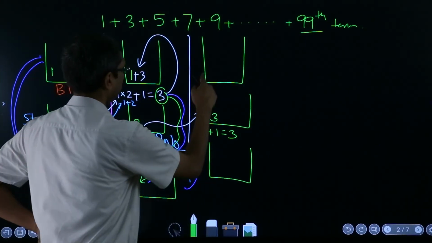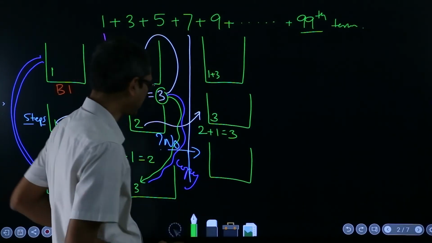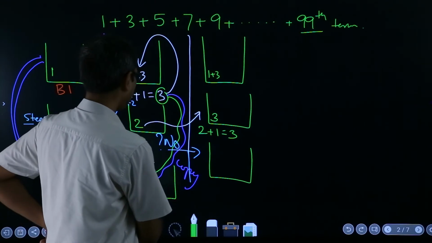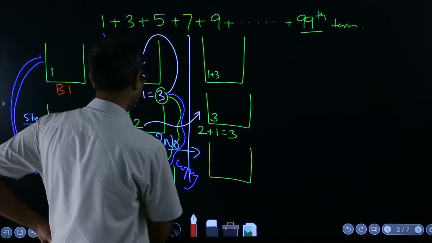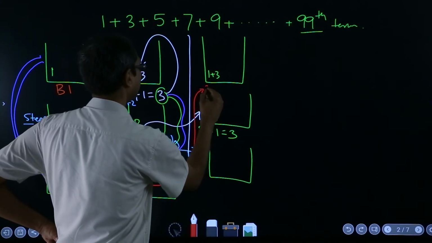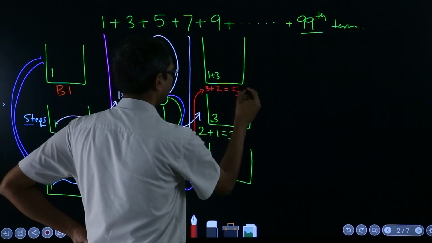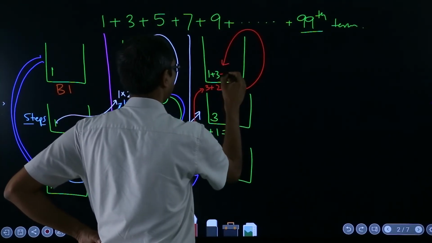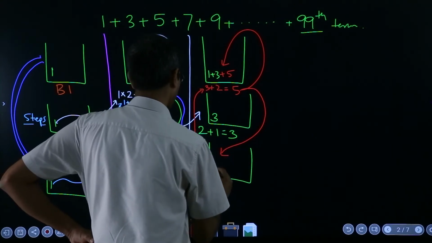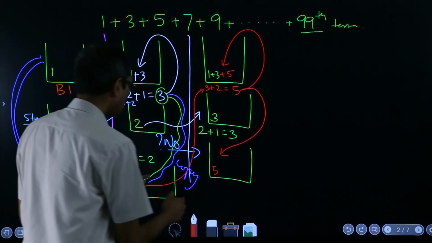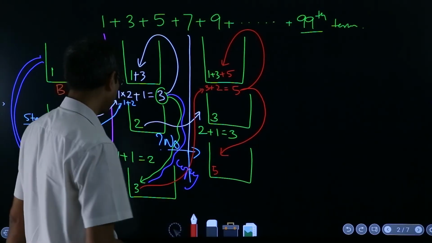And what about here? Here it's already 1 plus 3, calculated and kept there. Now we take this 3 and add 2 here. It will become 5. This 5 we will add, and we also make a copy of this 5 here. Here means we will not add to that, we will throw it away and keep that.